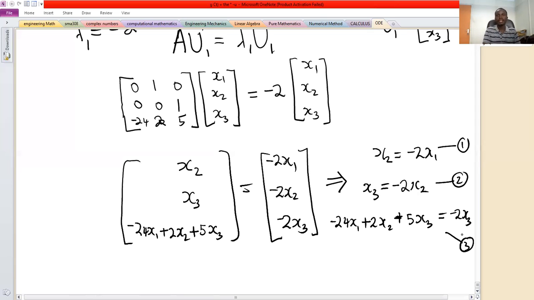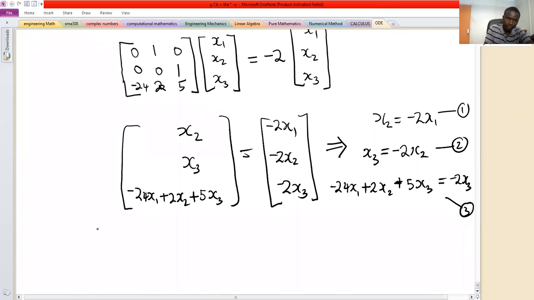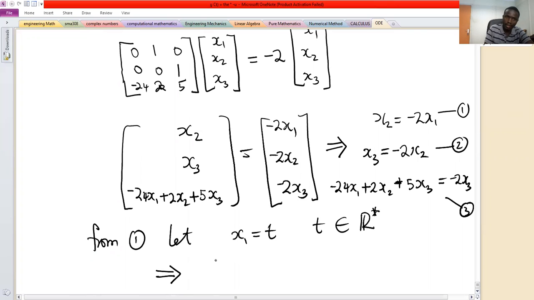Now, this is a very easy system to solve because equation 1 and equation 2 can help us to get all the values of x1, x2, x3. So from 1, let x1 be t, where t is a non-zero real number. Then it implies x2 equals minus 2t. So we have the values of x1 and x2.